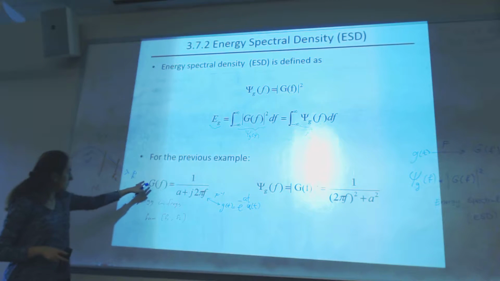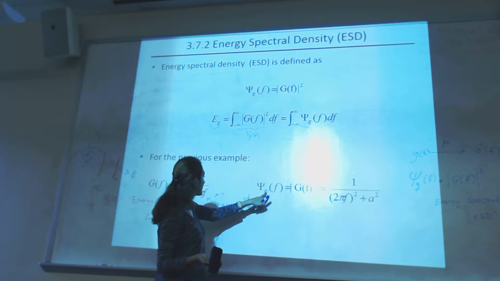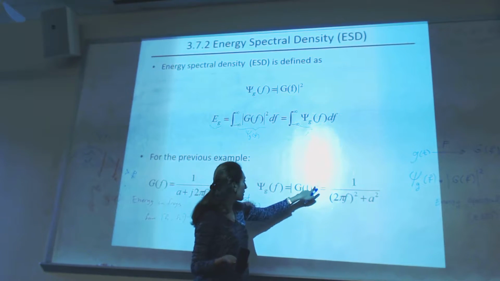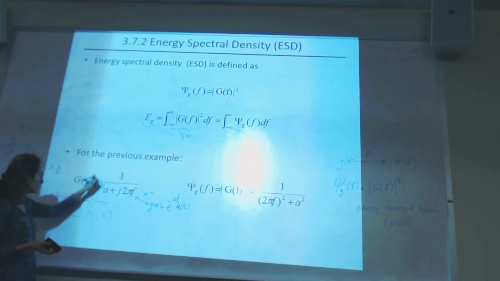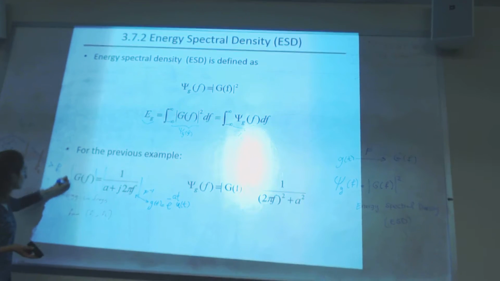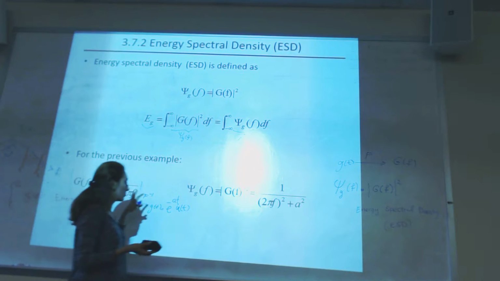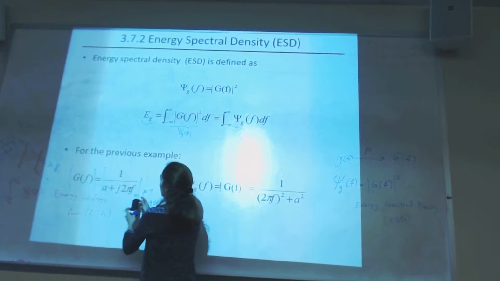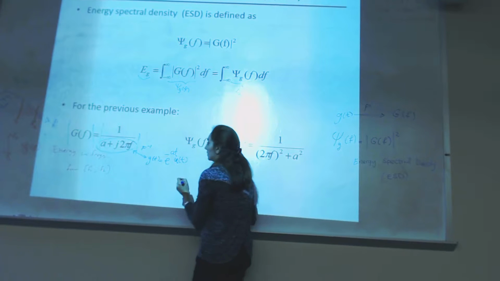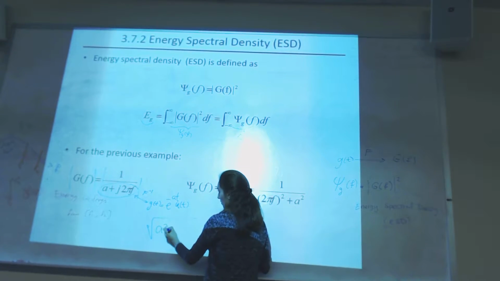Good. So if this is G(f), what is now the ESD, the energy spectral density? Just take the magnitude of G(f) squared. What's the magnitude of G(f)? It's the magnitude of the numerator divided by the magnitude of the denominator. The magnitude of the numerator is 1, divided by the magnitude of the denominator, which is the square root of a squared plus (2 pi f) squared.